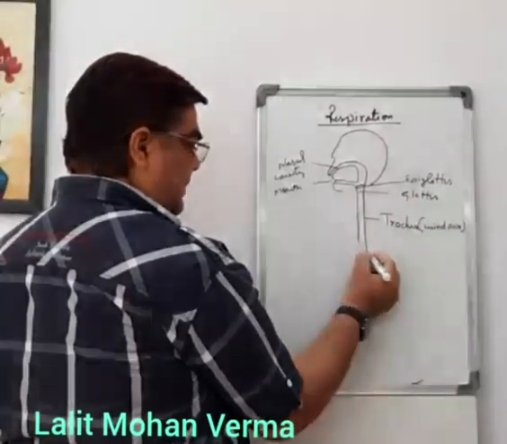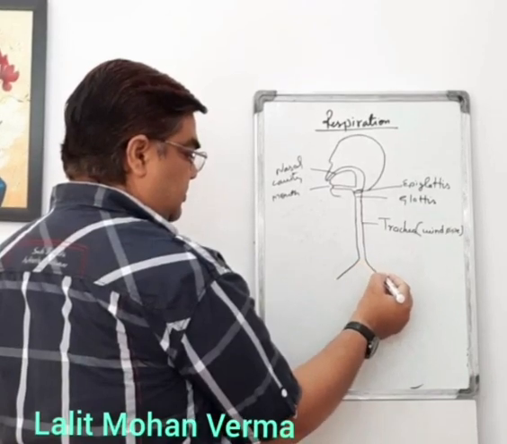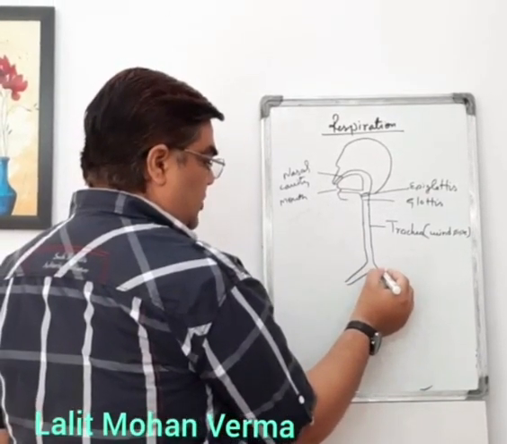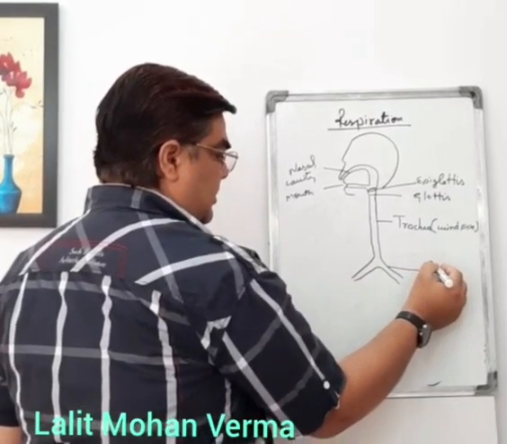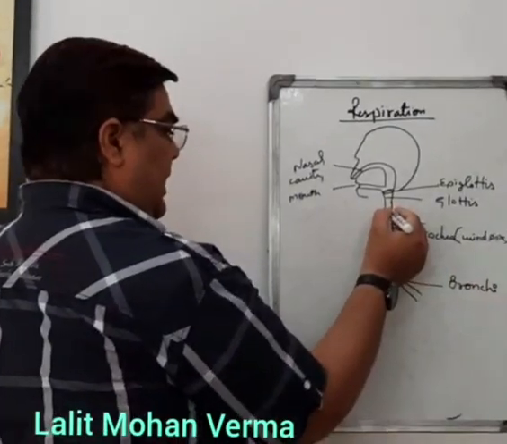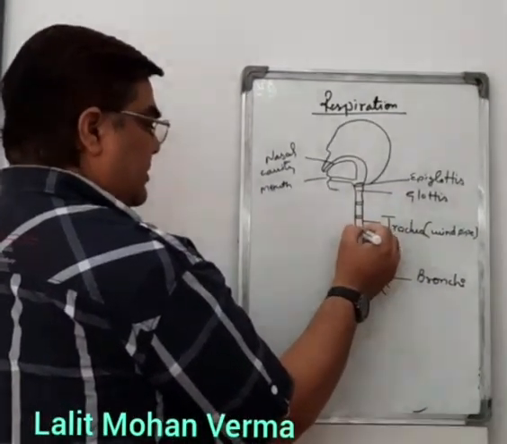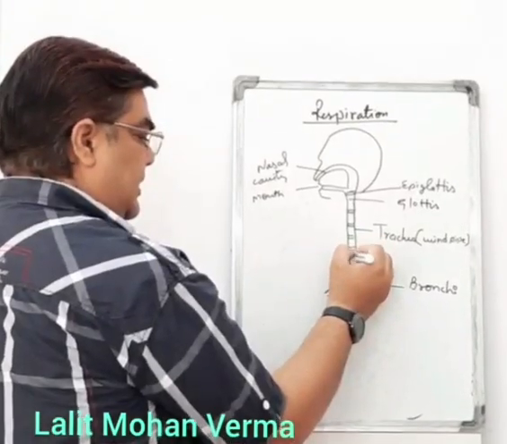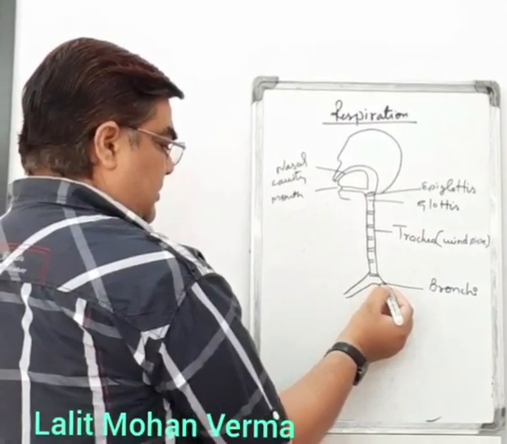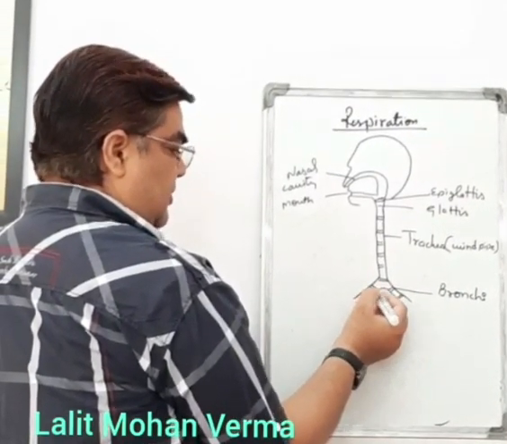This trachea is divided into two bronchi, B-R-O-N-C-H-I. This trachea also contains some rings, that is cartilaginous rings, which prevent the trachea from collapsing.